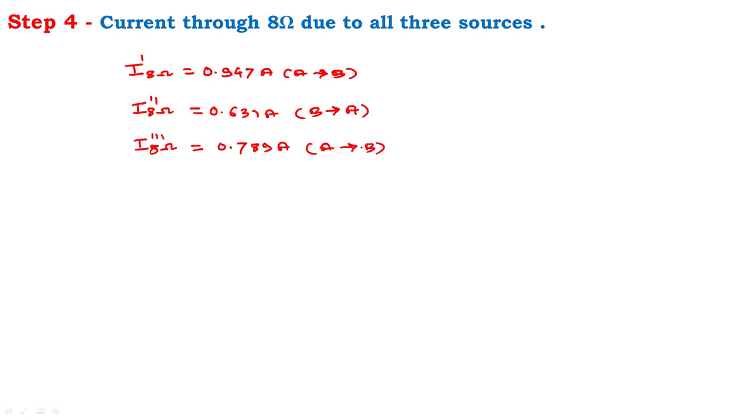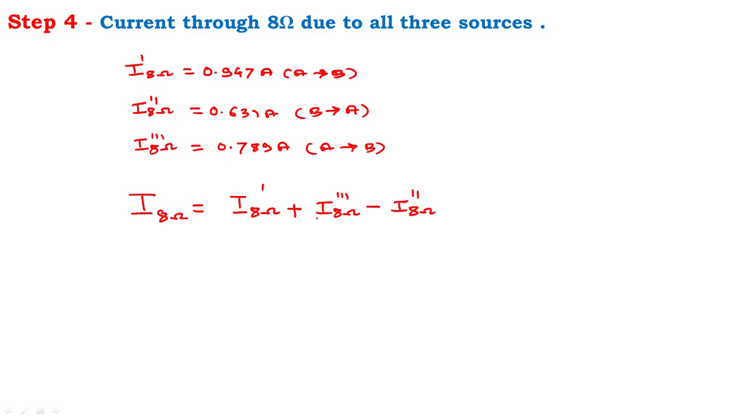Now the total current flowing through 8 ohm resistance due to all the sources is nothing but I 8 ohm dash. Since it is A to B, I will start with A to B. Now the next current is I 8 ohm triple dash, that is again from A to B, and I 8 ohm double dash.